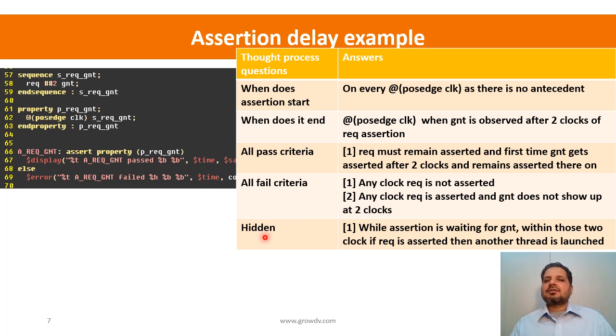I am calling it hidden, although you understand it, because it may not be obvious that a thread is getting launched. Unless you practice again and again, thinking along those lines, it won't become your second nature, so it will be hidden for some time. You can think of it like the blind spots while driving a car. The threads getting launched is one blind spot of assertions, so you have to consciously practice it for a while till you get used to it.